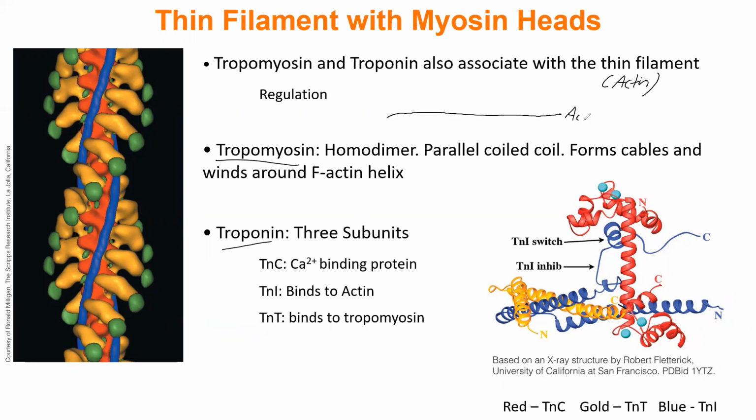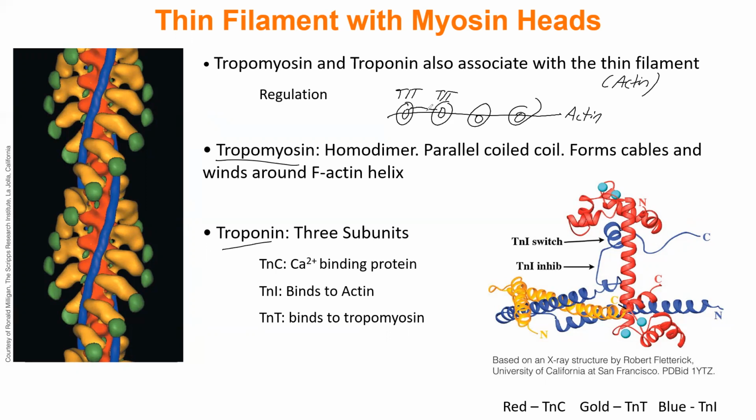So if this is actin, on your actin, you're going to have this tropomyosin and troponin protein. So they're two proteins. So I'm going to draw them like kind of like that. And they act as locks.